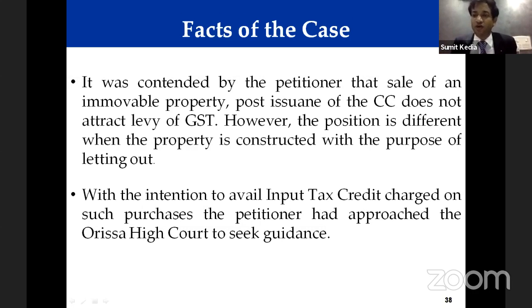Various judgments were quoted by the applicant in this case. This is not the first judgment. Prior to GST also, we had many judgments of High Courts where it was said that construction credit can be availed in some scenarios. So the SSC also had quoted such judgments.